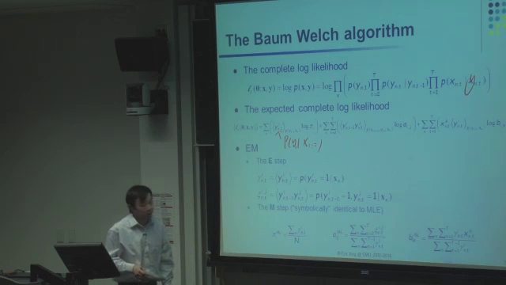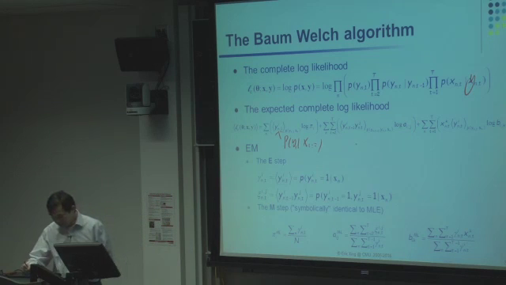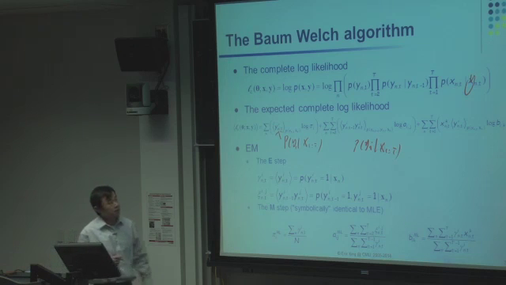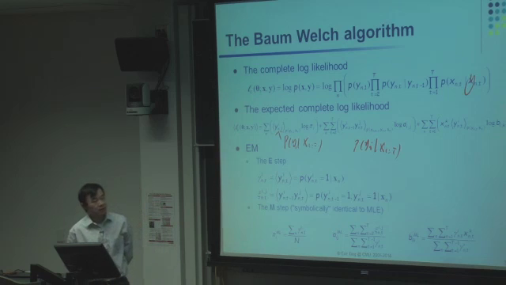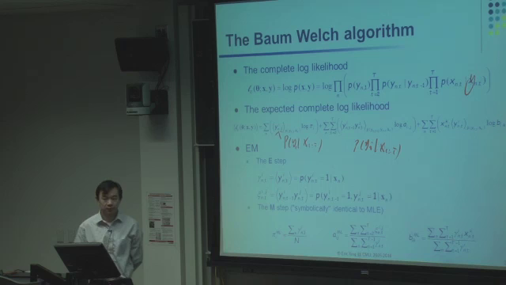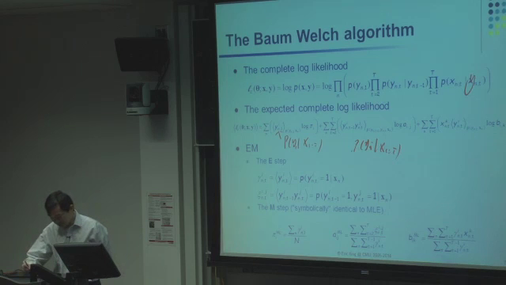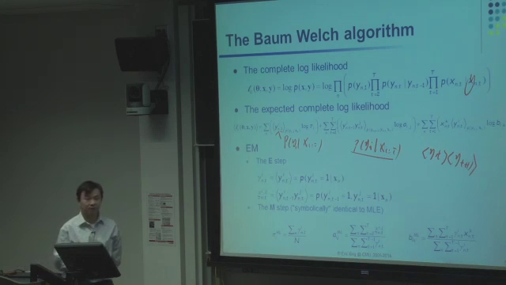And we also know how to compute the posterior of any single hidden state given the entire sequence. But what you have here is a pair of hidden states. What should you do? Some people suggest that since we know this, we can compute Y of T and Y of T plus 1 and multiply them together.